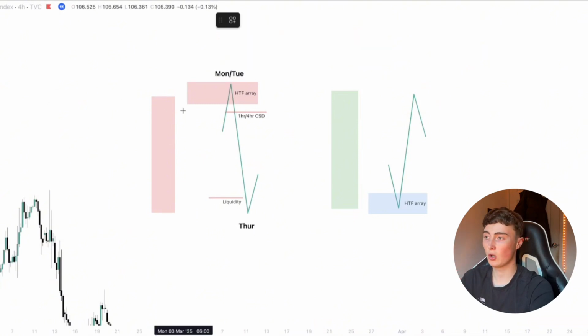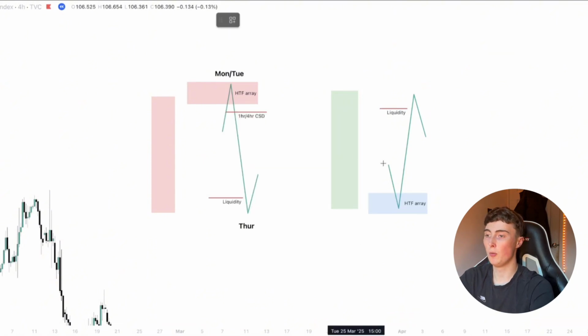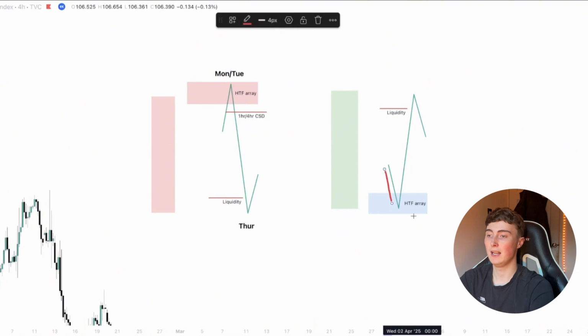So for a bullish example, it's the same thing. Let's say you have a bullish liquidity target and you're expecting the week to run to the upside. Now, that week is likely to open up and move lower first and then start to run towards your liquidity target. So the same as a bearish week, you're going to wait until price moves lower into some kind of higher time frame PD array.